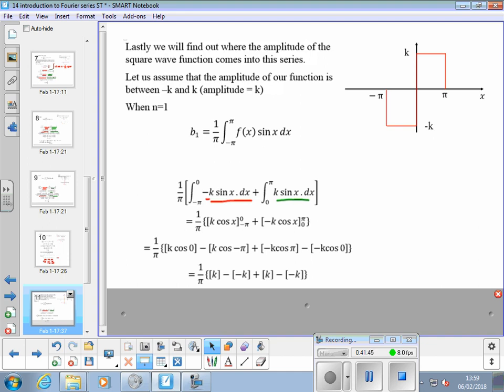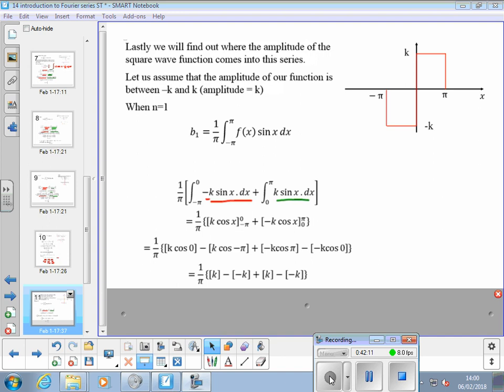Third term evaluates to, cos pi is 1, so that does evaluate to plus k.